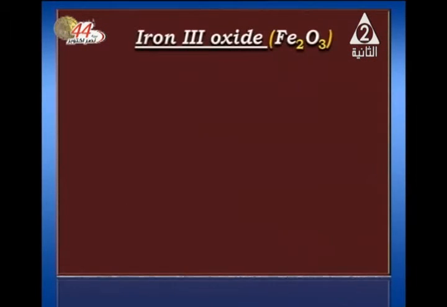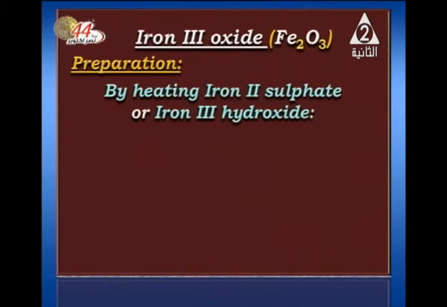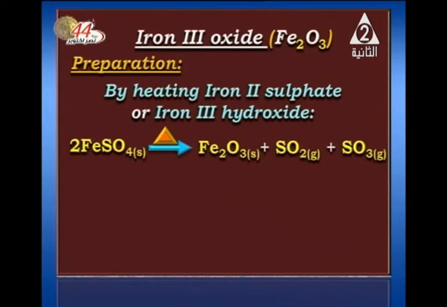Now we are going to discuss iron 3 oxide or ferric oxide that has the chemical formula Fe2O3. The preparation of iron 3 oxide is by heating iron 2 sulfate or iron 3 hydroxide. As the equation proceeds on the screen, heating iron 2 sulfate gives iron 3 oxide and sulfur dioxide gas and sulfur trioxide gas.